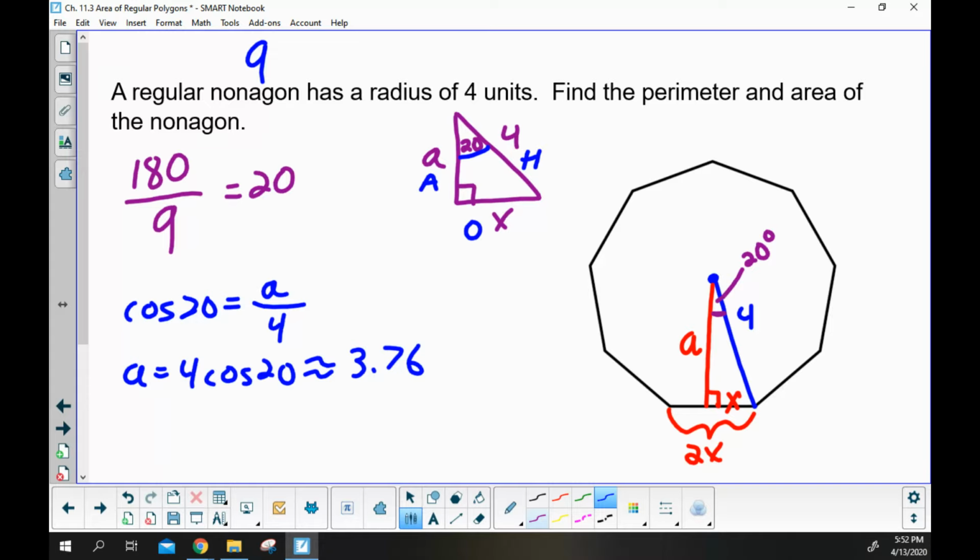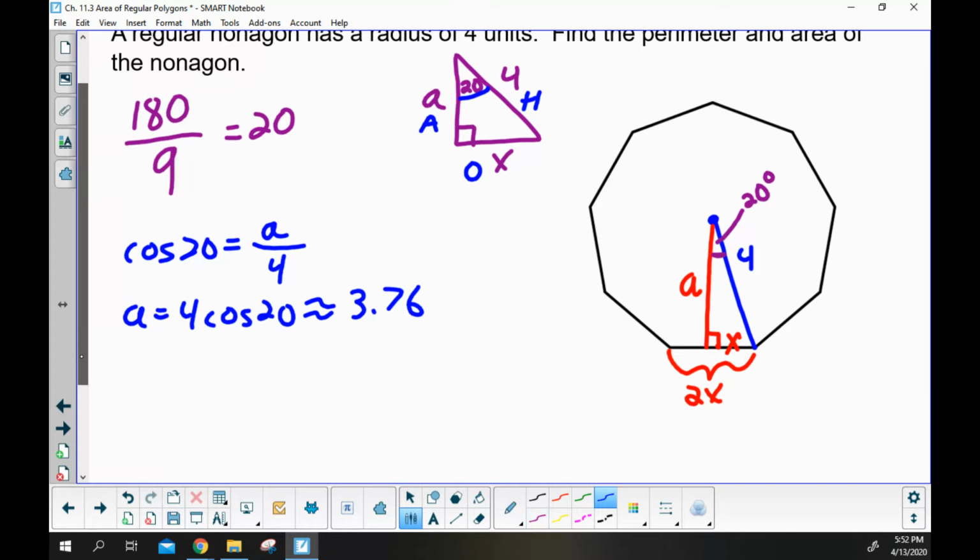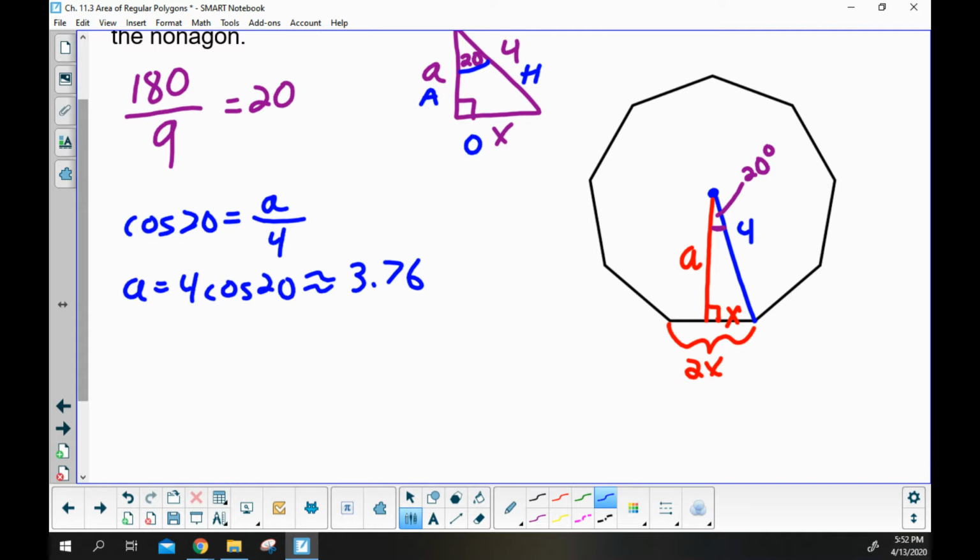Now I need to find X. All right. So the good thing is I got my apothem. My apothem is 3.76. So I know this part, 3.76. I need to find X so I can find the whole side line. So to find X, I'm looking for my opposite, and I know my hypotenuse, so I'm going to use sine. Sine of 20 equals X over 4. X equals 4 times the sine of 20.